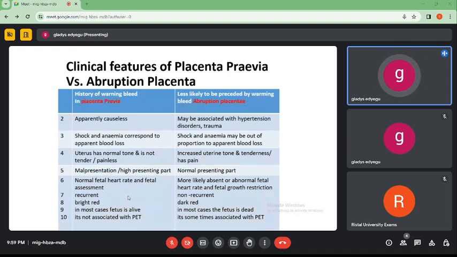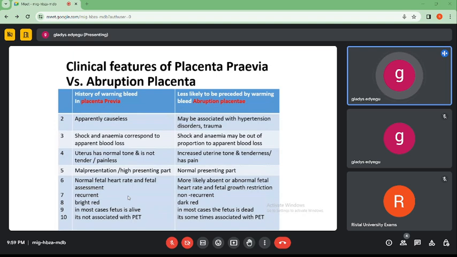But in abruptio placenta, it may be associated with hypertensive disorders or trauma. So when the mother tells you I have hypertension, or says I fell down, I got an accident, I hit my abdomen, or I had domestic violence, then you can know this is abruptio placenta. Then in placenta previa, you have shock and anemia, which correspond to the apparent blood loss.